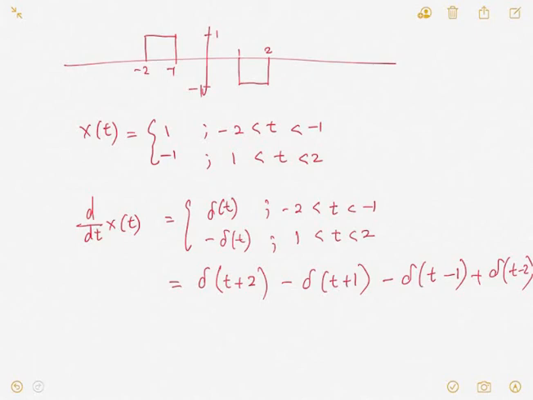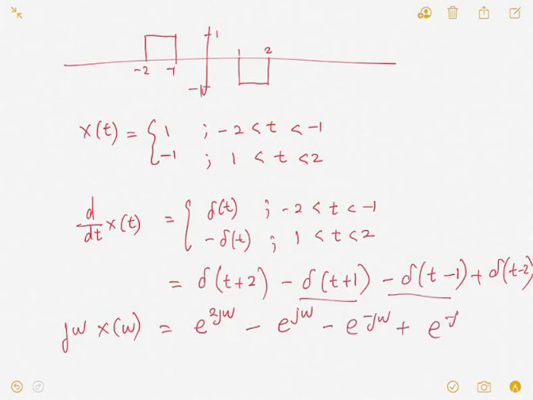If you want to write in terms of j omega, you will have j omega X(omega) equivalent to the exponent j2 omega, minus the exponent j omega, and then minus the exponent minus j omega, plus the exponent minus j2 omega for this part.